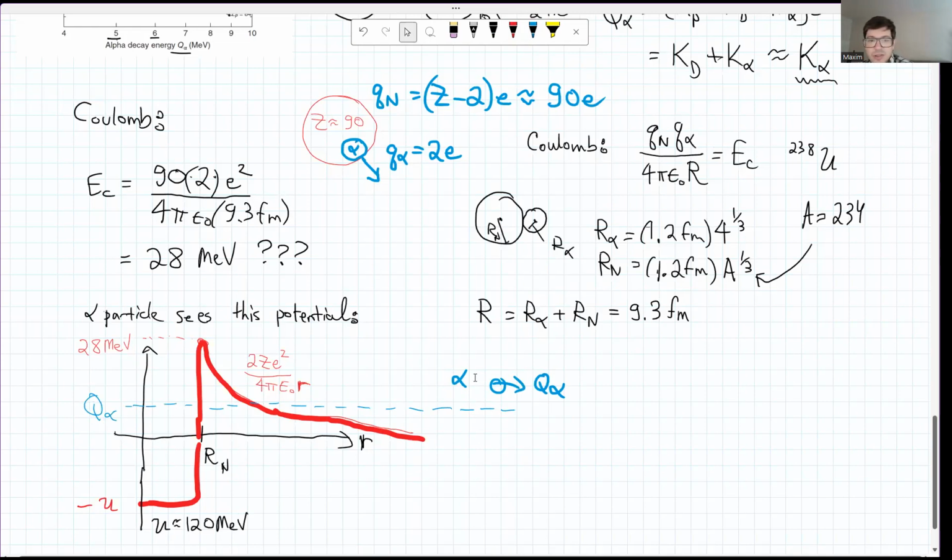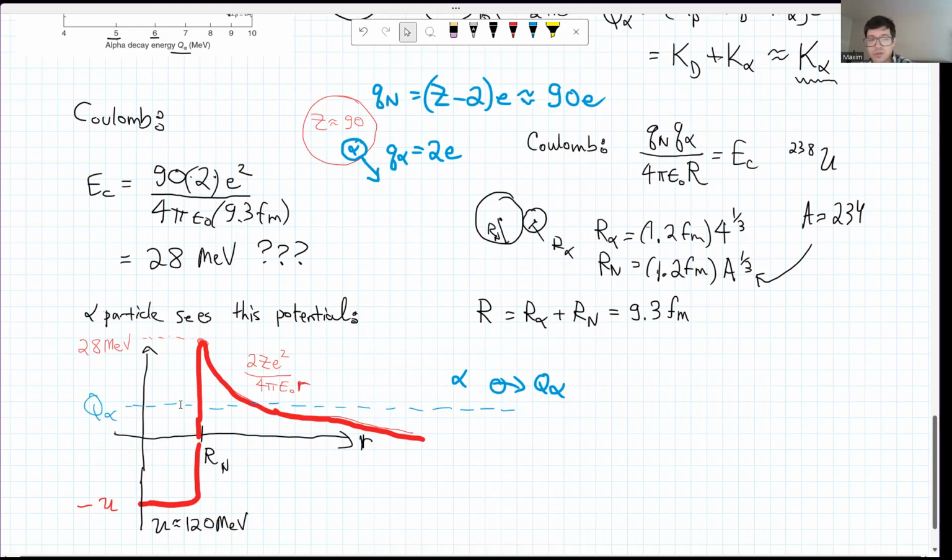If the particle has energy Q alpha, it could be created in here with energy Q alpha, which consists of basically Q alpha kinetic energy. And then it'll have a large negative potential energy, which is this U alpha, from the attractive forces of the other nucleons there.